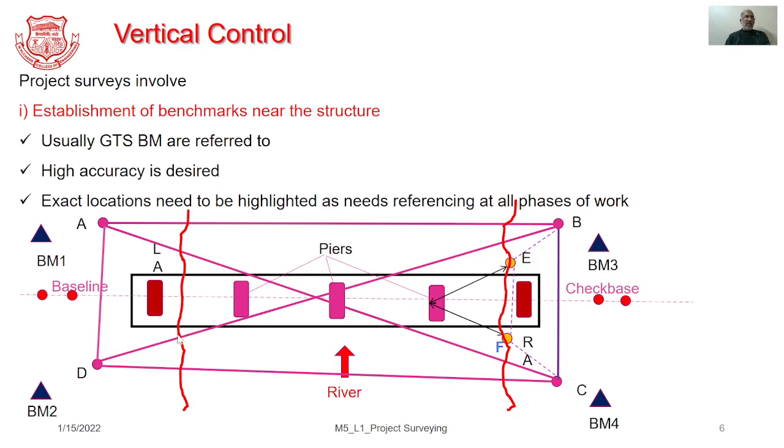Continuing the example of the bridge survey, as you see, overall control is established by the network ABCDA, and over that area benchmarks are established as BM1, BM2, BM3, BM4 so that their reference can be taken at all the execution stages. Their locations should be such that they won't be disturbed during execution, and one would be able to take the reference of the benchmark as and when required.